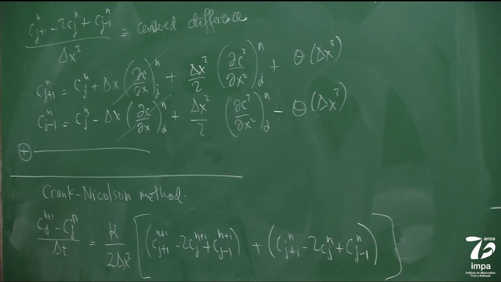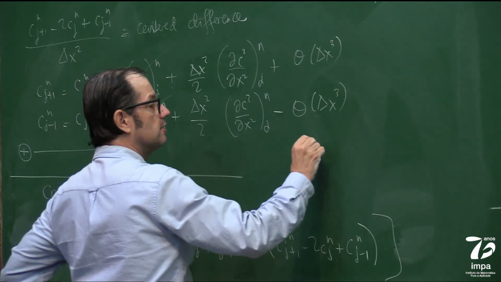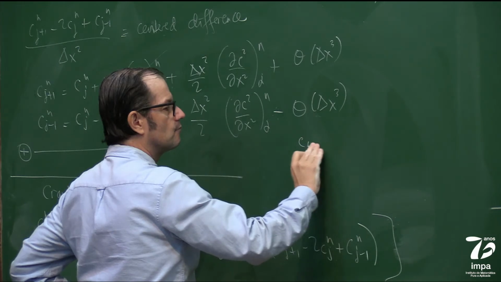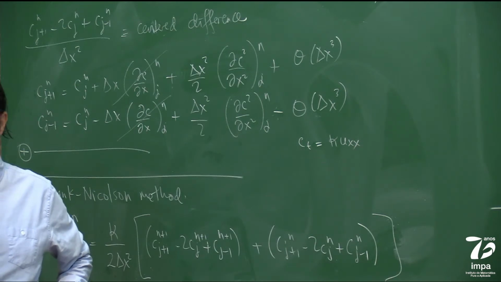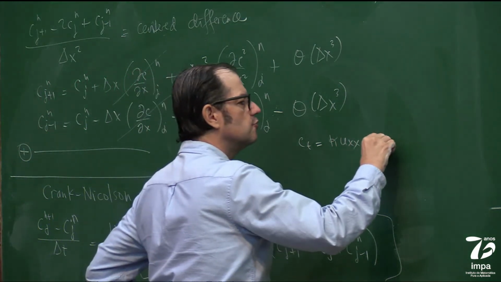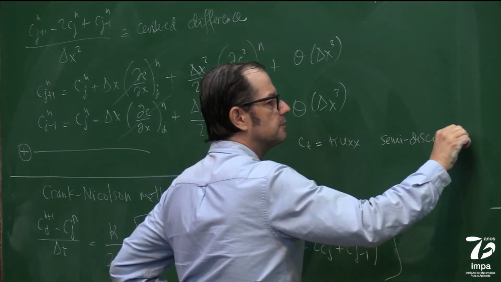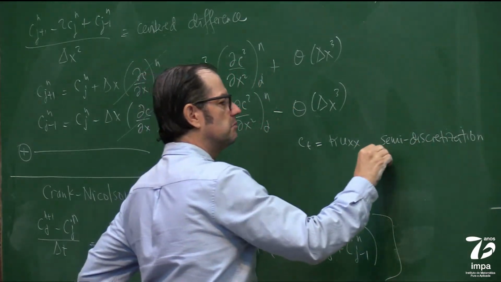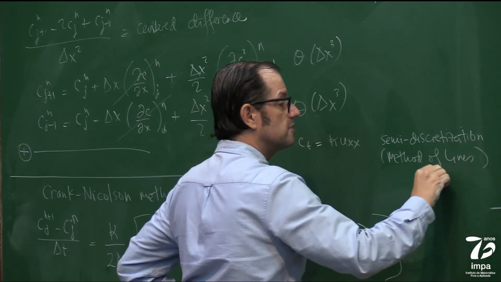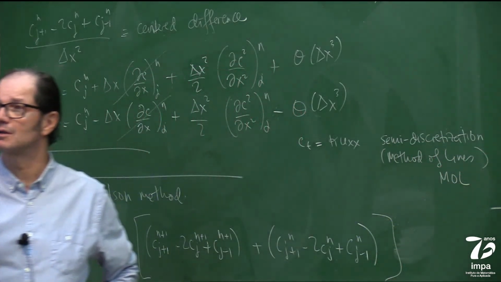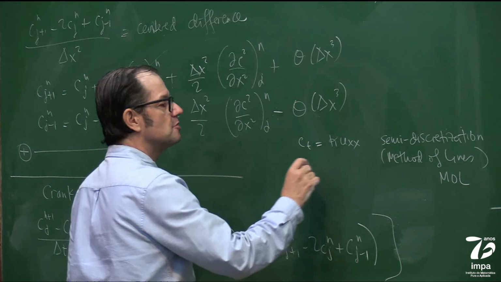By the way, there's something in PDEs that's called, I will mention this at some time, but if you have a problem like this, okay, if you have this problem, and then you do a semi-discretization, it's called the method of lines. And sometimes you might see somebody talking about MOL. It has nothing to do with chemistry, right? It's method of lines. Semi-discretization method of lines is this.